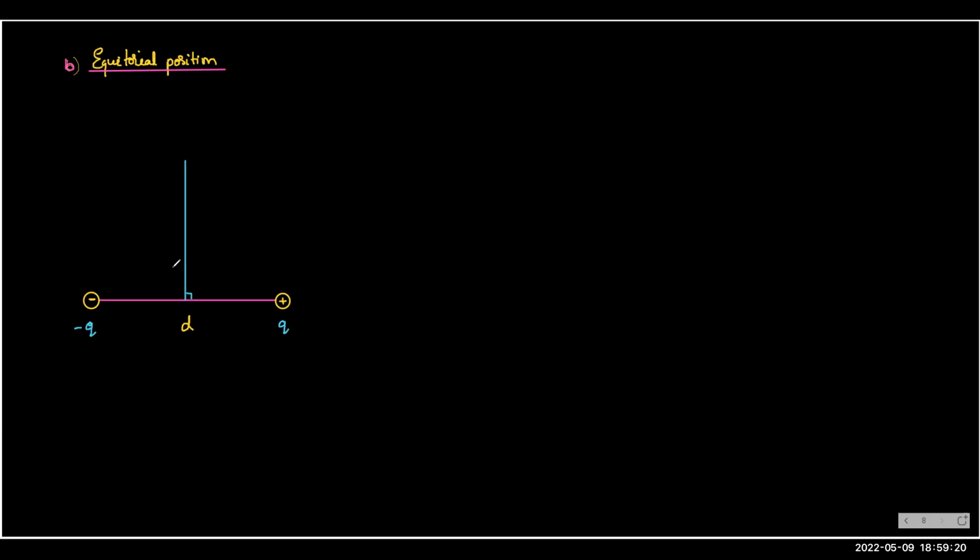And now this is called the bisector, the perpendicular bisector. So the perpendicular bisector is called the equatorial position. You divide this into two equal parts and you move along this direction. And the R is from here on. So R is the length from the center of the line joining the charges to the point P.